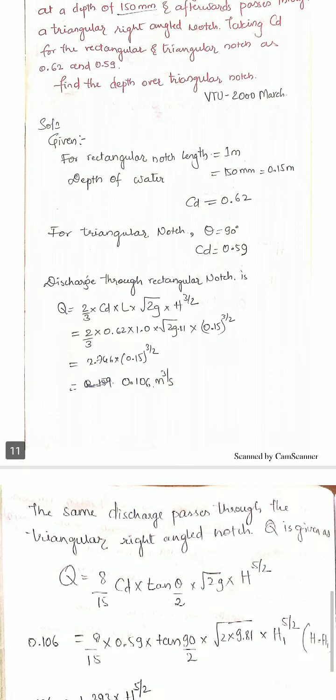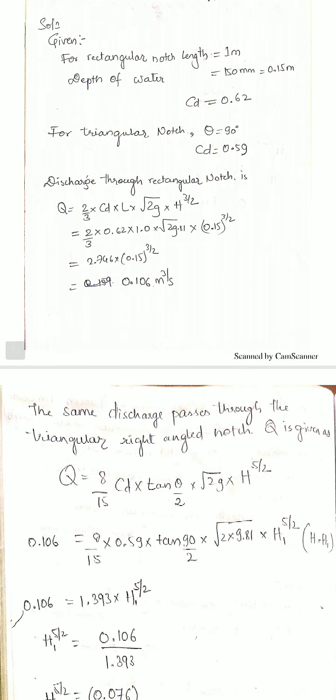As usual, we substitute in the discharge equation 2/3 Cd into L into square root of 2g into H to the power 3/2, and find the discharge as 0.106 meters cubed per second.